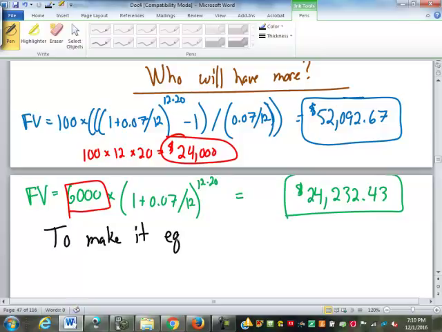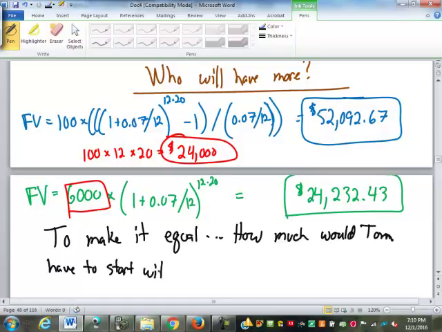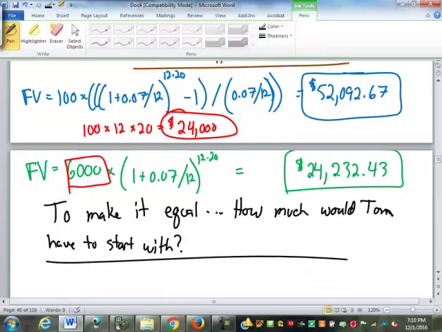Make it equal. How much would Tom have to start with? See if you can figure that one out. This one isn't as tough as it sounds.